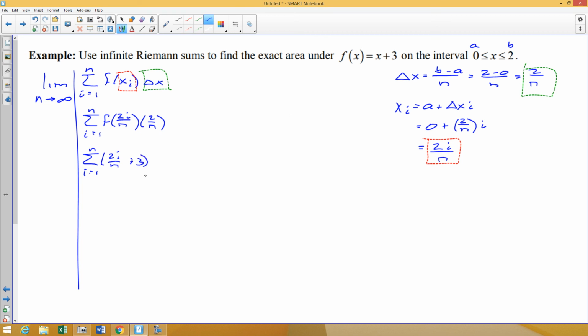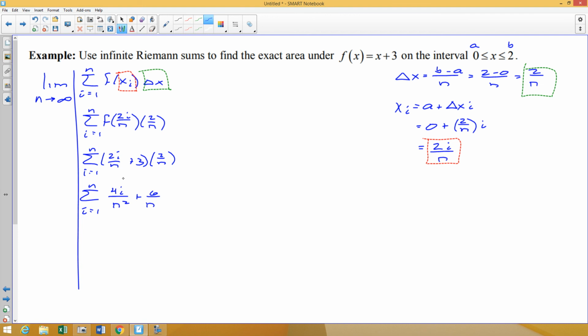Plug it in for x here, times 2 over n. We'll distribute the 2 over n. 1 to n of, that will be 4i over n squared. 3 times 2 over n would be 6 over n.